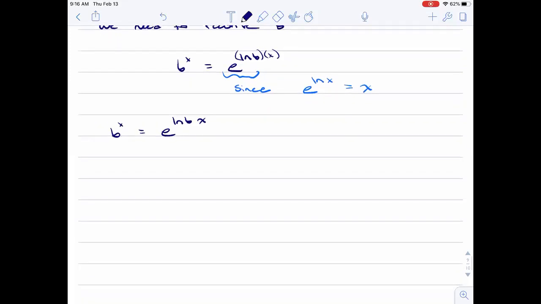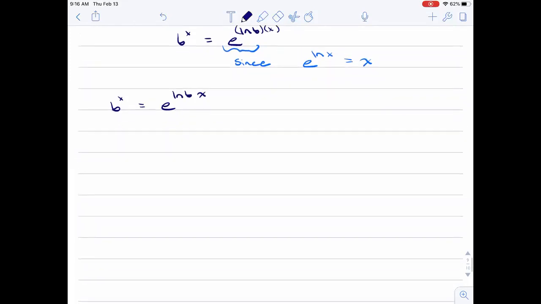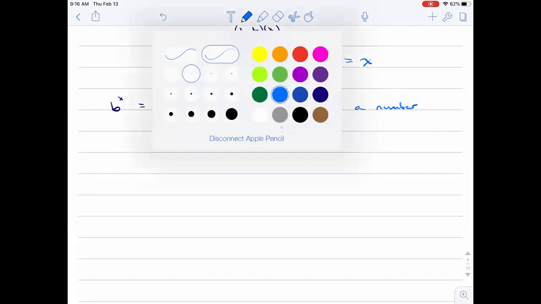So now I've got e to the power of something. So now I can use the chain rule, right? Just remember that log b is just a number. So you can think of it as log b being the coefficient.